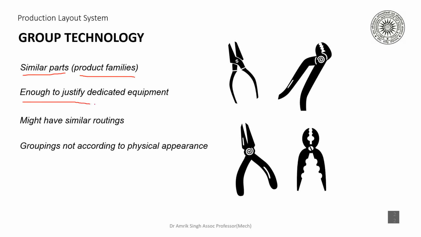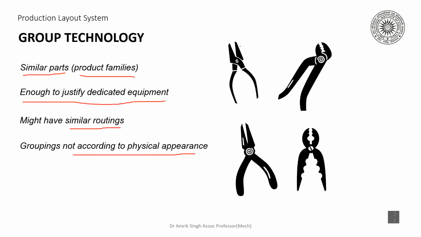We make use of dedicated equipment. So if we have to do a shaft by turning, we'll have all the machines which are doing the specialized turning, and might have similar routings. So we can group the parts together which need similar types of machines, grouping not according to physical appearance.